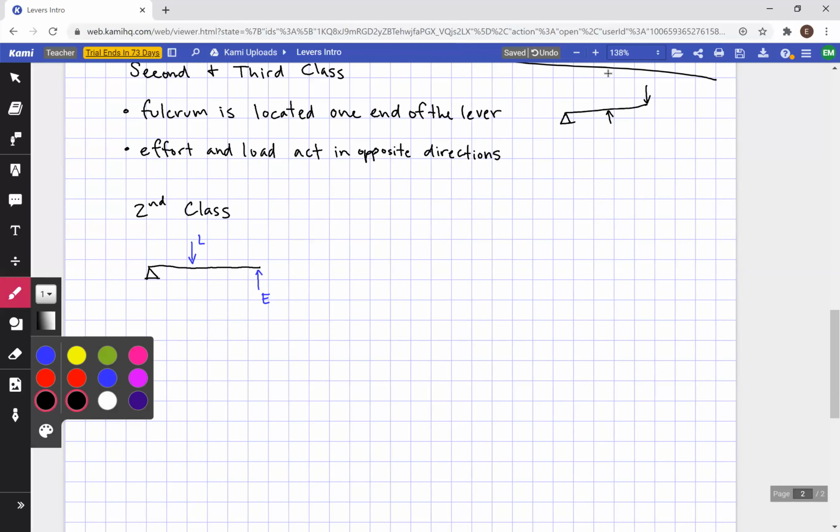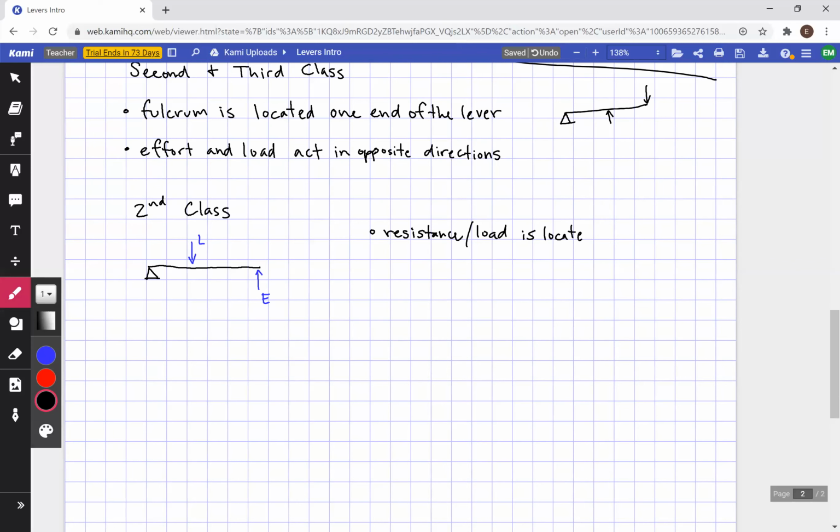So we can say that the resistance, or the load, is located between the effort and the fulcrum.